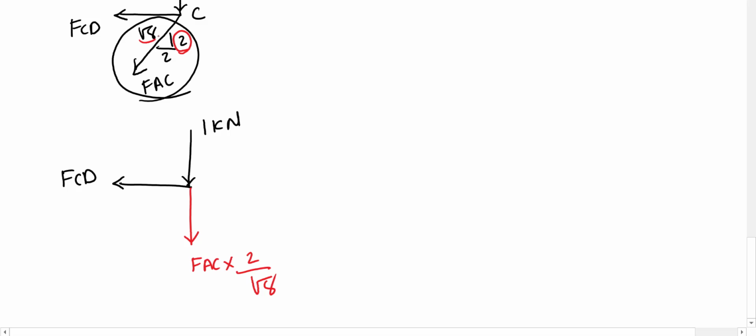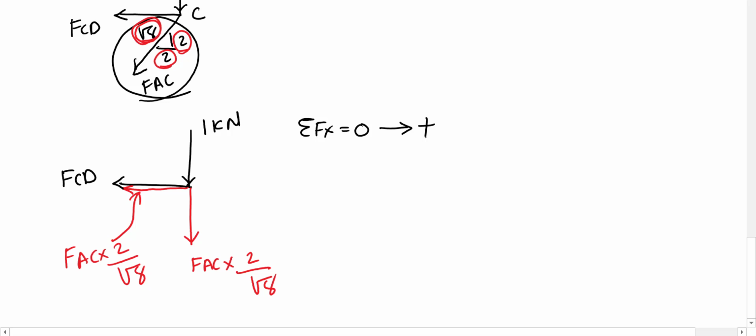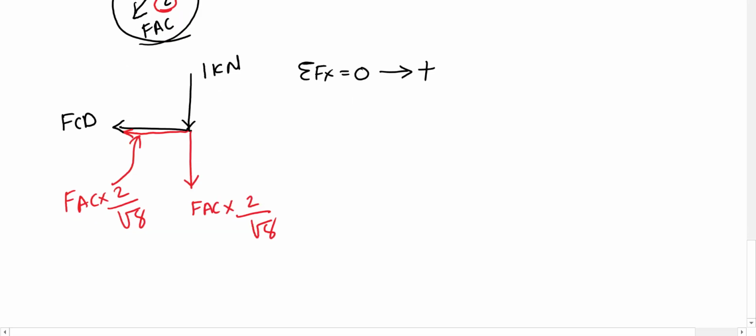That 2 is coming from here and square root 8 is coming from here. We have the force going along the horizontal, which is as well FAC times 2 on square root 8. Now we can apply sum of forces in the x direction equal to 0, left to right is positive, or we can first apply vertical equilibrium, upward is positive.